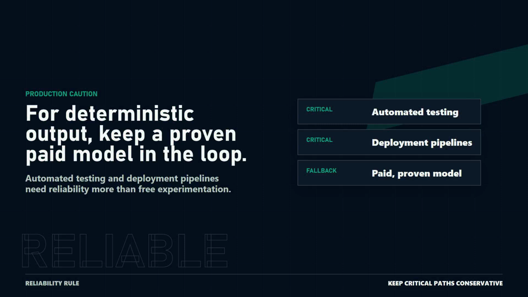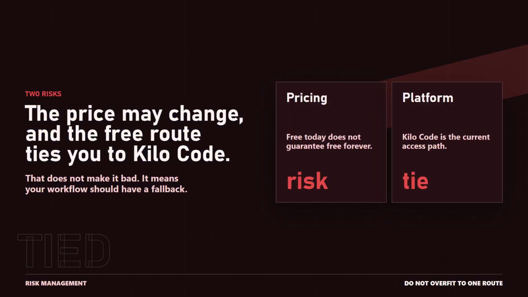But if you need reliable, deterministic output, like for automated testing or deployment pipelines, stick with a paid, proven model for now. The free pricing is a huge win for personal use, but it may change.